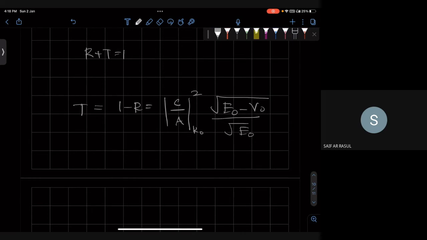Now note that E naught is greater than V naught, because otherwise you would not get a transmission coefficient.